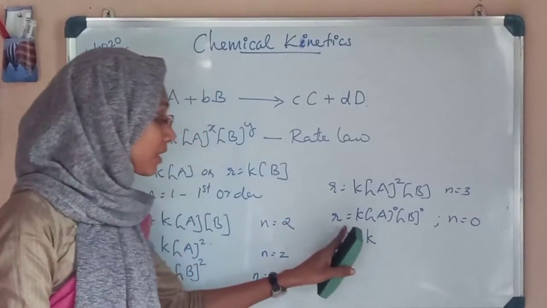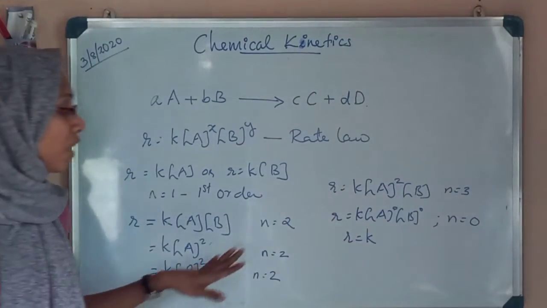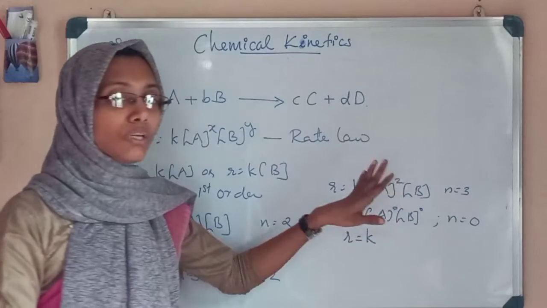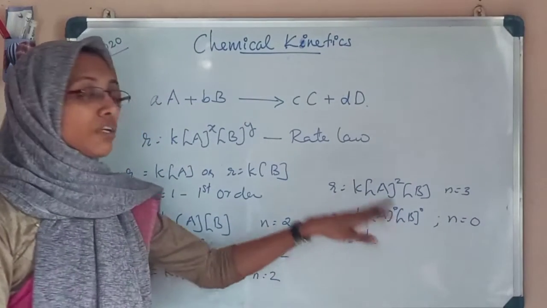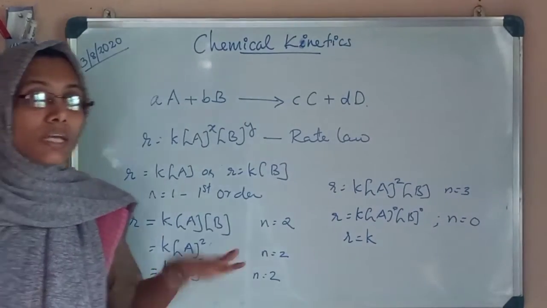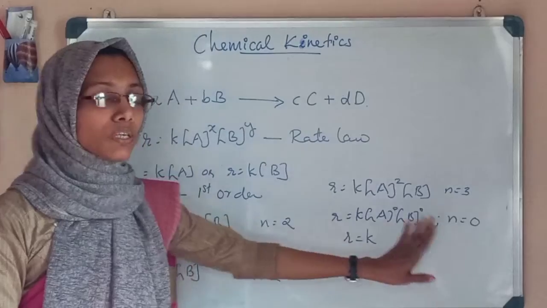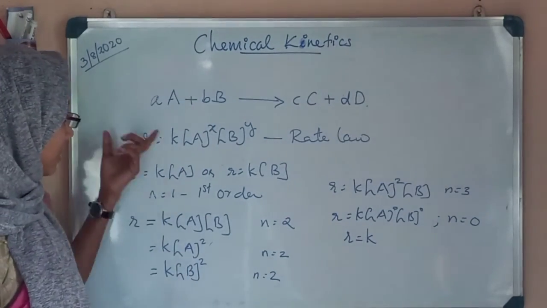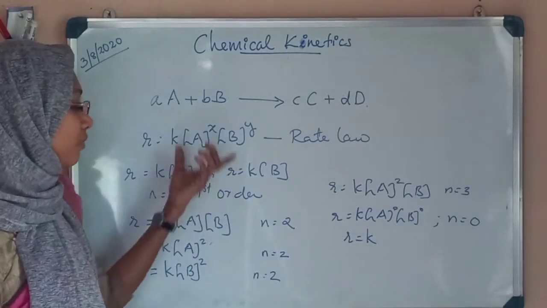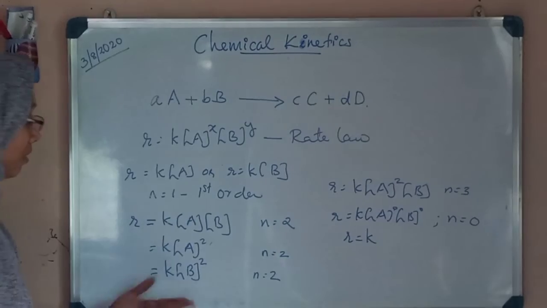For a zero order reaction, the rate of the reaction does not depend on the concentration of any of the reactants. That means it is a constant. Rate of a reaction is always a constant value. It does not vary with the concentration of any of the reactants. So depending on the order of the reaction, we can get first order, second order, third order and zero order reactions.